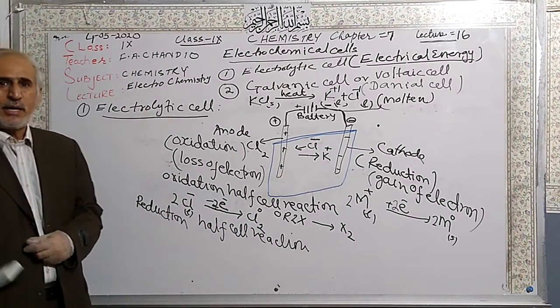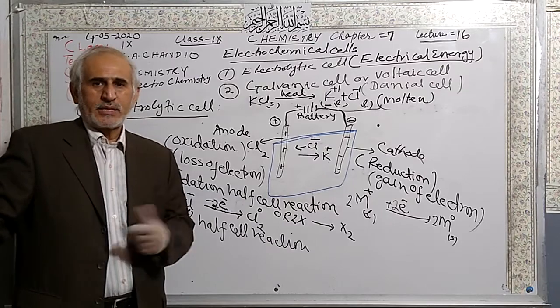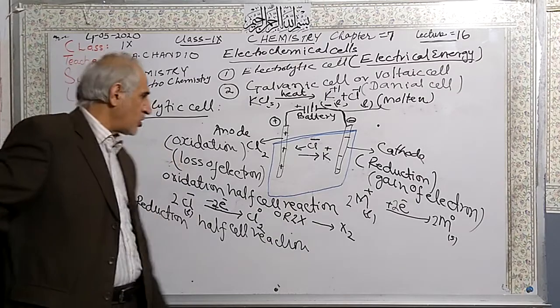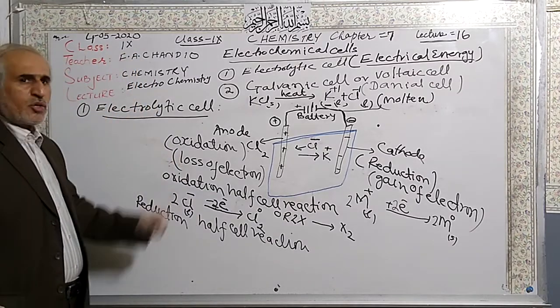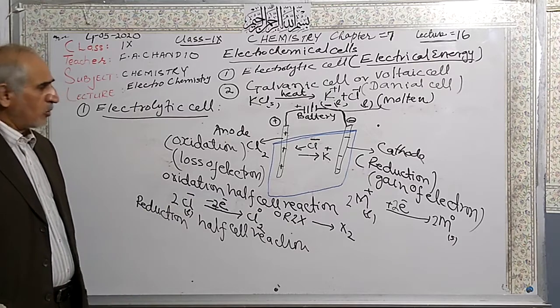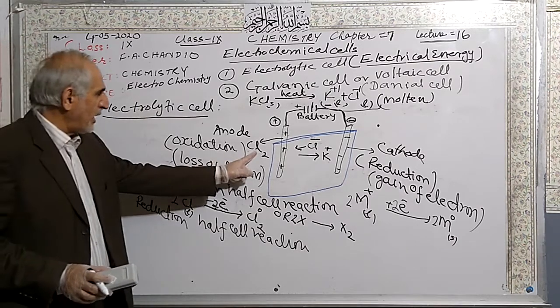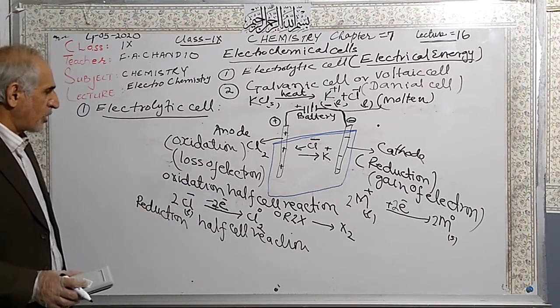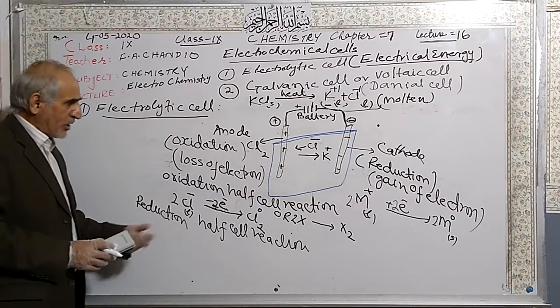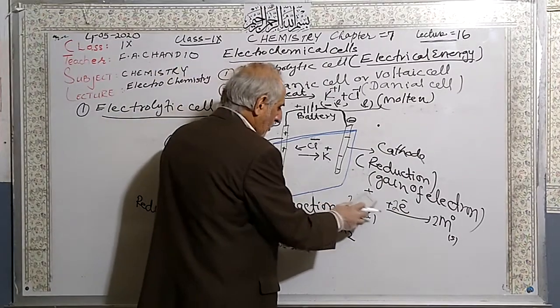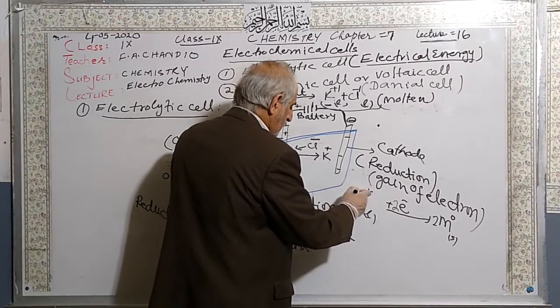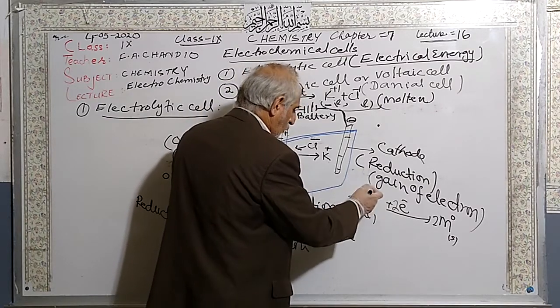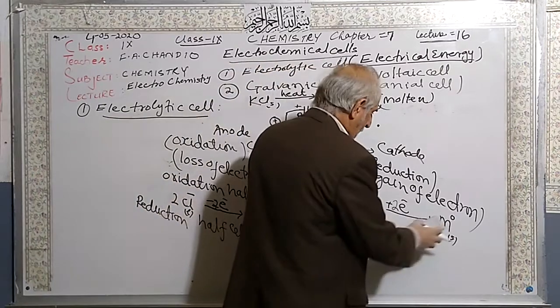This is the Downs cell; many times I repeat this process. The Downs cell is written in your book also, for sodium chloride and potassium chloride. So here the chlorine gas is collected at the anode in the oxidation process, and in the reduction, instead of M, I wrote potassium. This is potassium in liquid form, with a positive 1 charge given here.